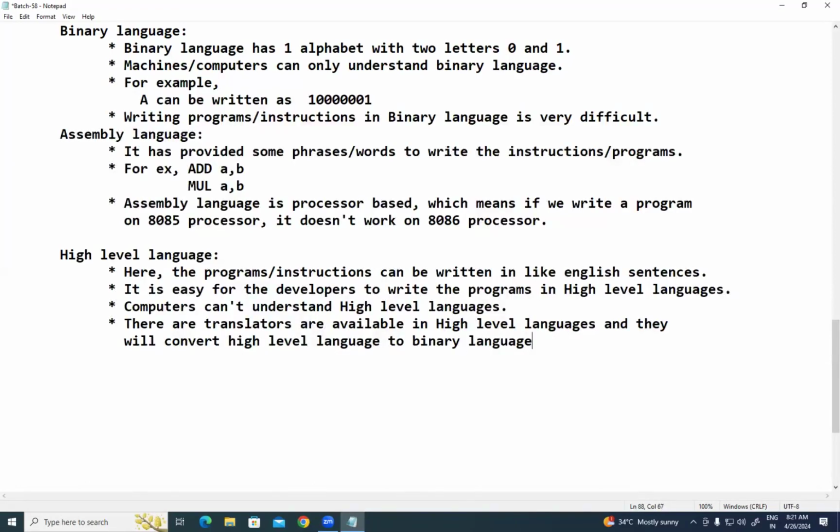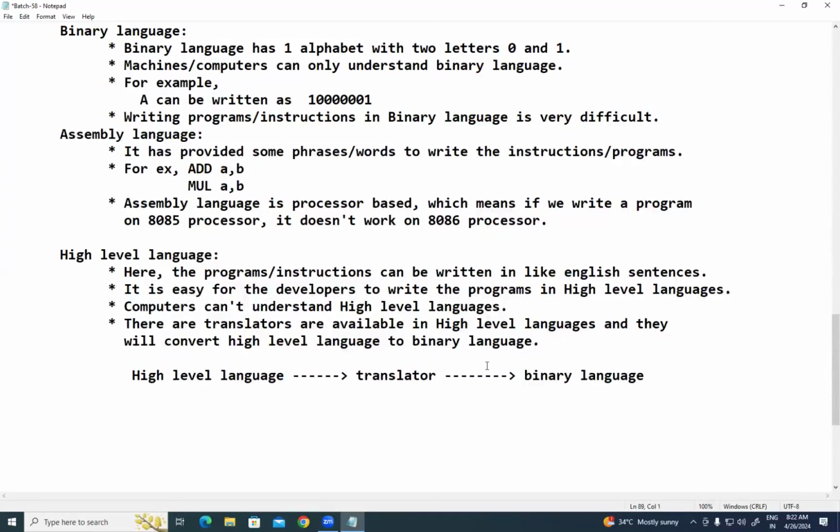That is compiler or interpreter. Compilers and interpreters come under translators only. If you write in a high level language, there is a translator. This translator will convert it into binary language.